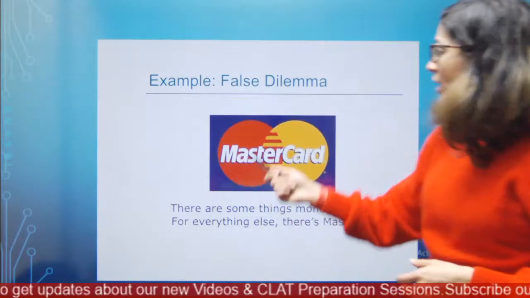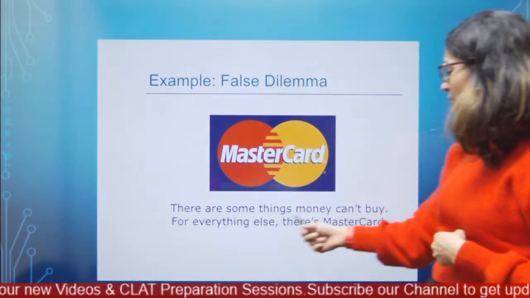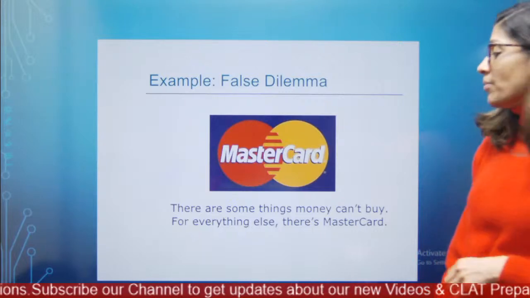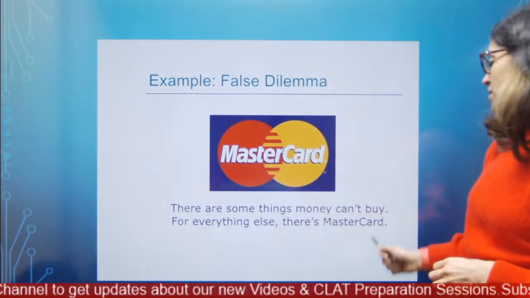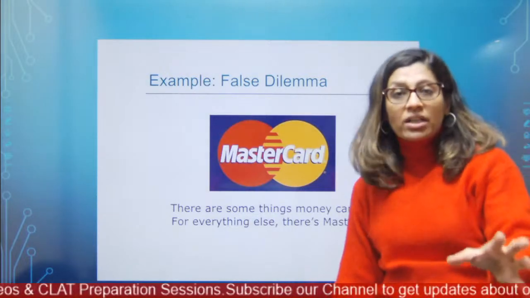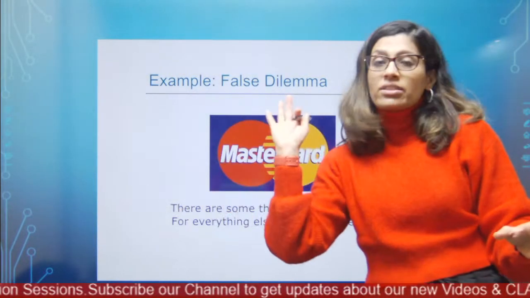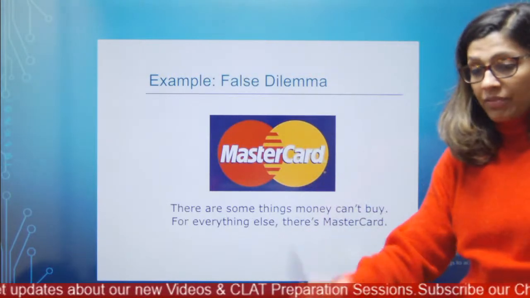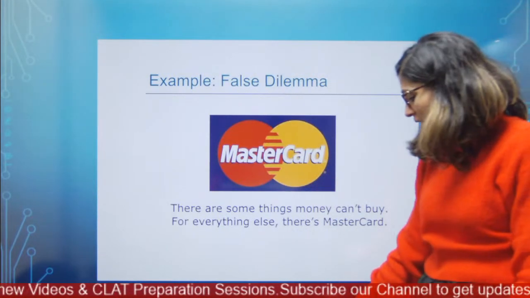Right? So here also for MasterCard, there are some things money can't buy. This ad was a rage in the 2000s. For everything else, there is MasterCard. So two false outcomes. So either it's MasterCard or it's something beyond money. Two impossible alternatives, as you can see. So I hope this is clear.